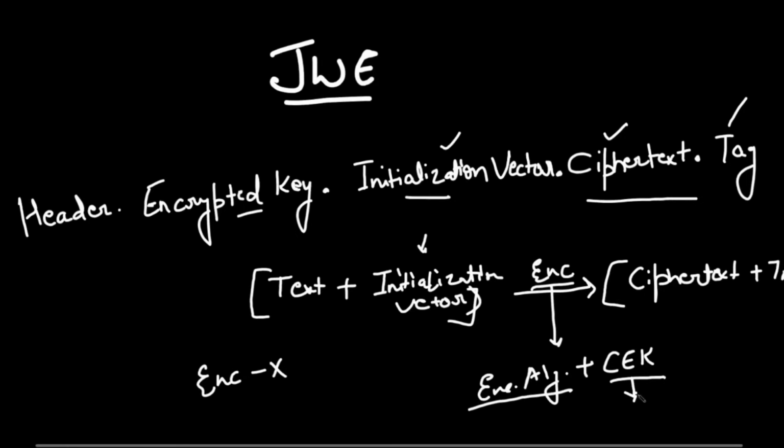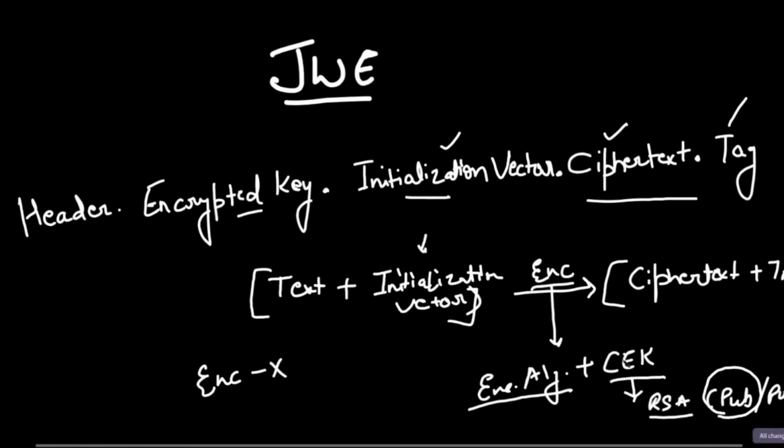So for that encryption, let's say we will be using the RSA algorithm, and for RSA we know we have 2 kinds of keys, private and public, right? So as a recipient, we will be transferring our content encryption key after encrypting it using the public key.